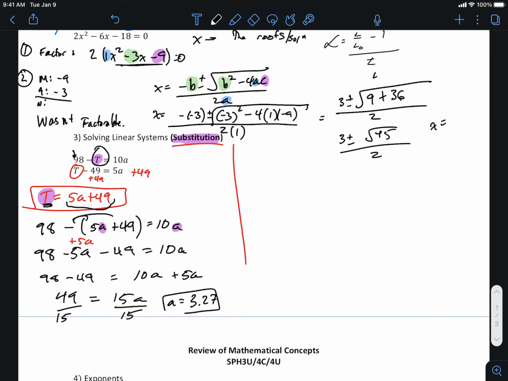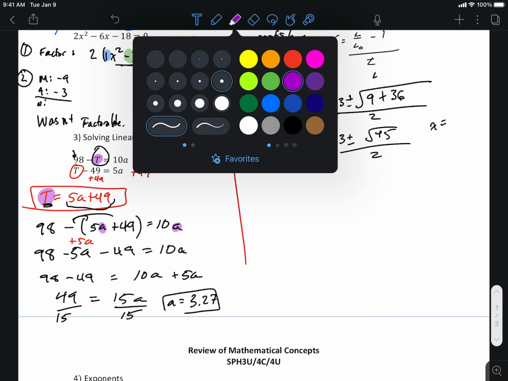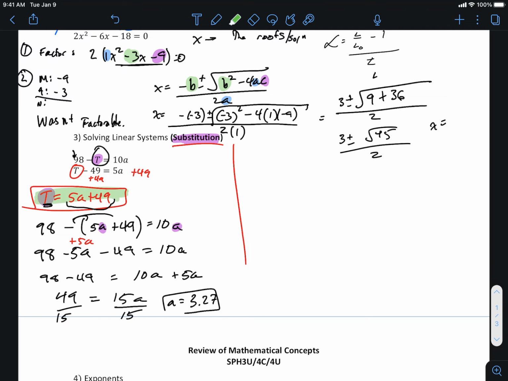Once you have that, you care about what the other variable is. In this case, it's capital T. How do I find T? Well, you have an equation that tells you what T is equal to. It's right here. T is equal to 5 multiplied by the a value that I just found, 3.27, plus the 49.